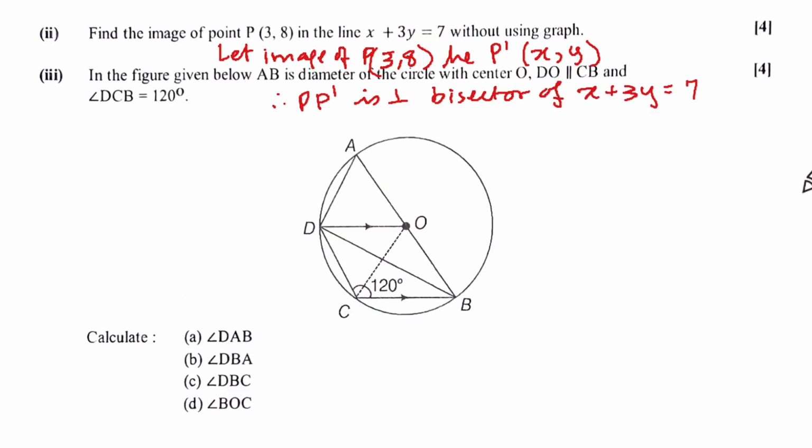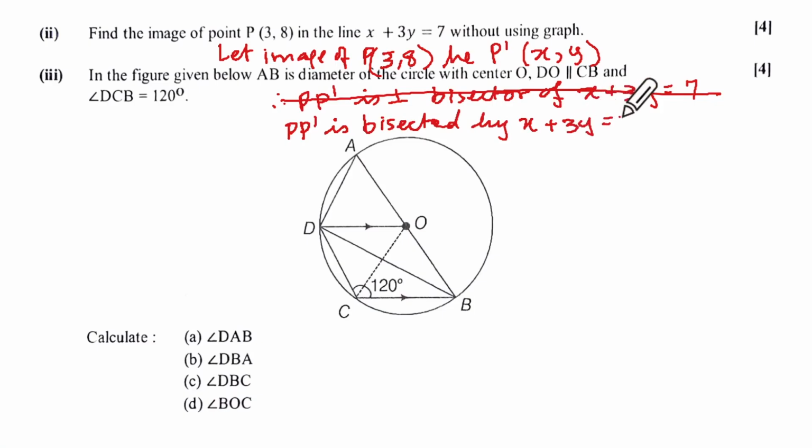PP dash is bisected by x plus 3y equal to 7, and PP dash is perpendicular to this. Makes sense now? Yes, ma'am.